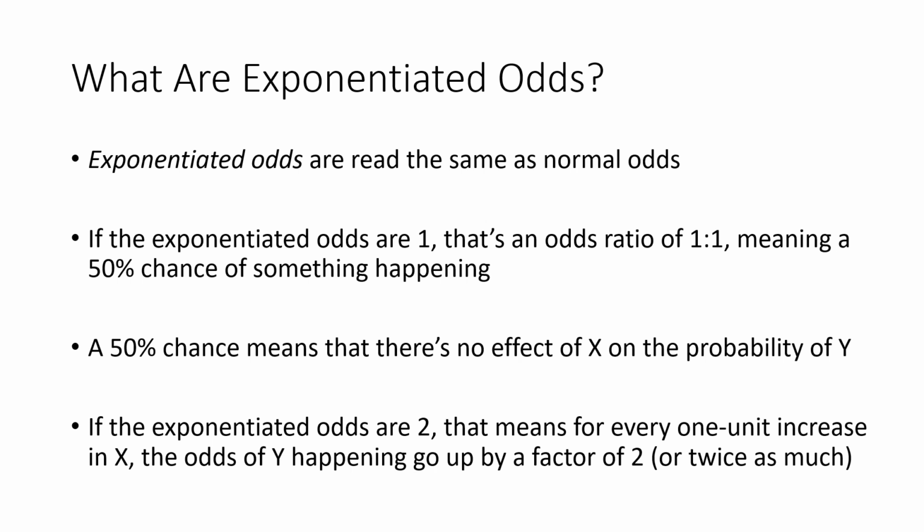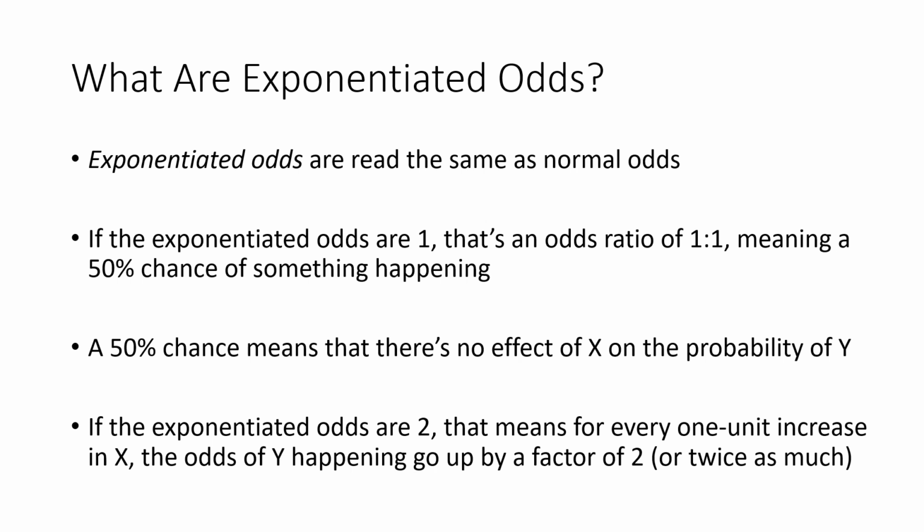In other words, if your exponentiated odds for a given independent variable correspond to the value of 1, then your p-value is also going to be greater than 0.999, because essentially it means that there is no effect of x on the probability of y happening or y not happening.